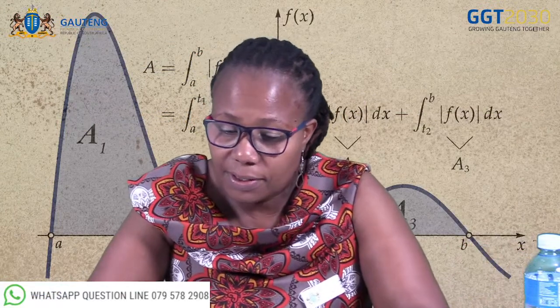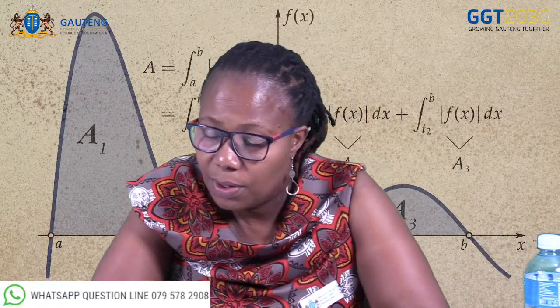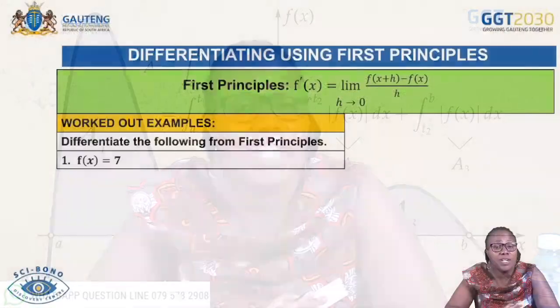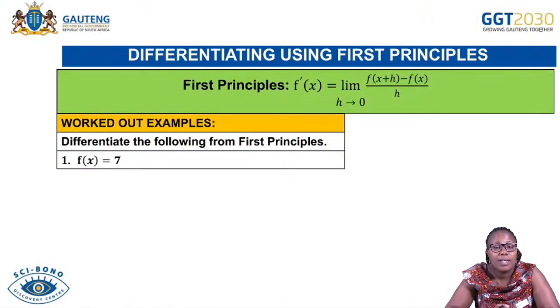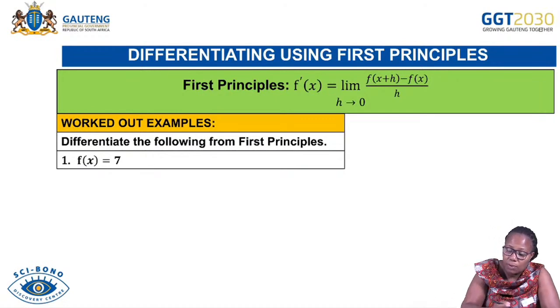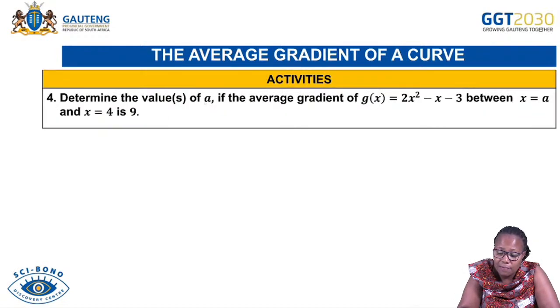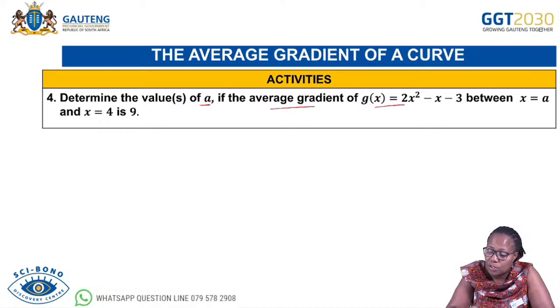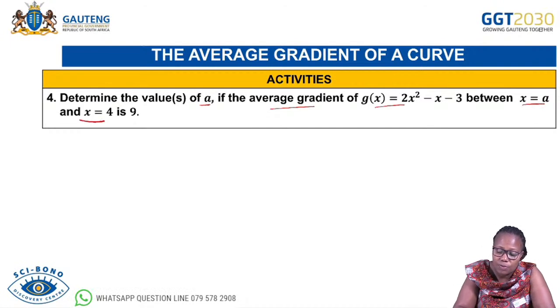Okay, grade 12s, let's come back now. You know the application hasn't changed. We need what? X and Y values for 2 coordinates, and then we go to the gradient equation, and then we solve for the average gradient. Same method, right? All right. So we are determining the value of A. If the average gradient for this particular function at x equal to A and x equal to 4 is what?